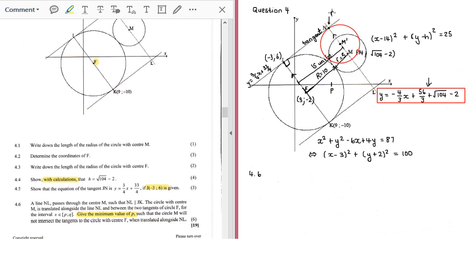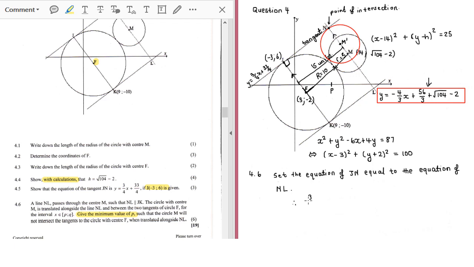Since we've noted that this point over here is a single point of intersection, what we want is to set the equation of the tangent, which we have already shown in question 4.5, the equation of Jn, equal to the equation of the line that we just calculated, the equation of NL.